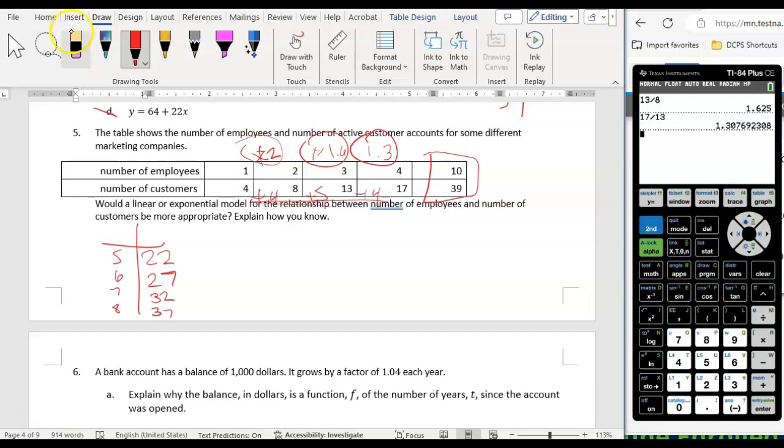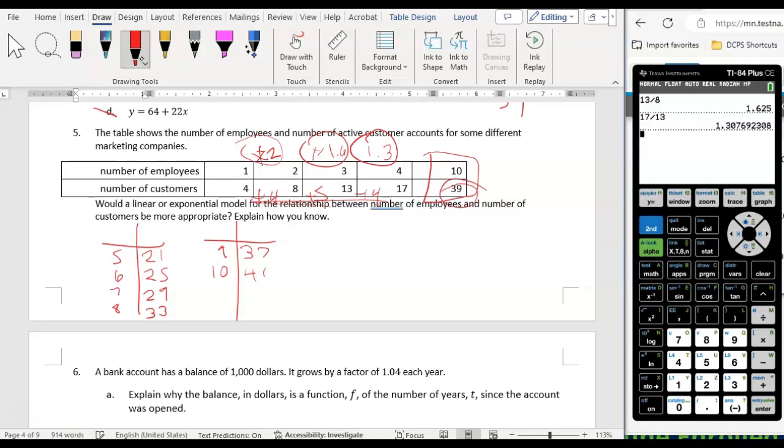So this is going up by 5. Maybe that was a little too large. But if we go up by 4s, let's see what happens. So we get 17, we would get 21, 25, 29, 33, 37, 10 would be 41.